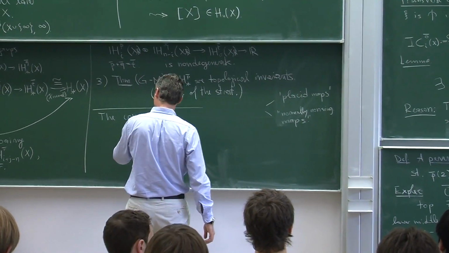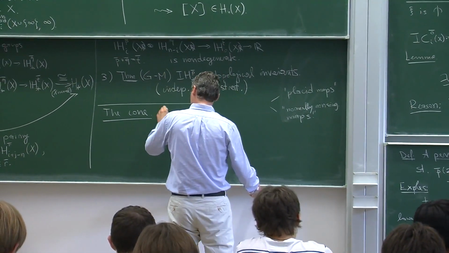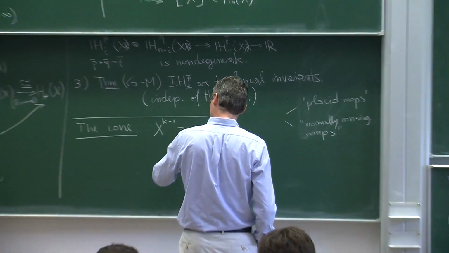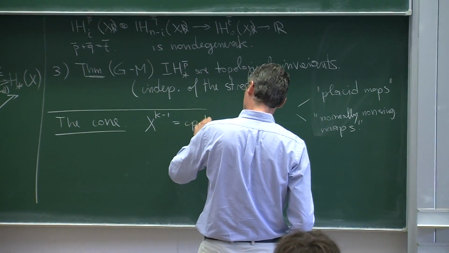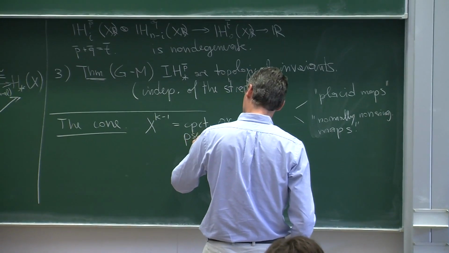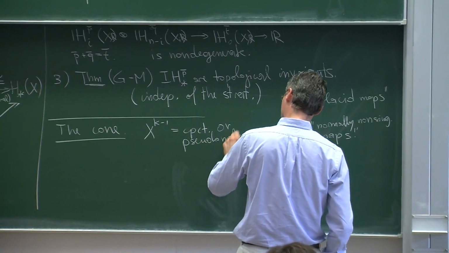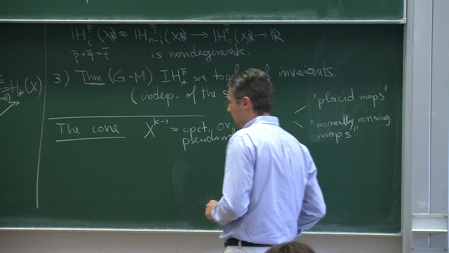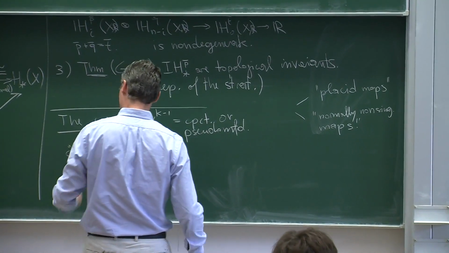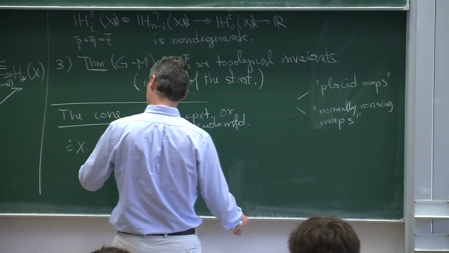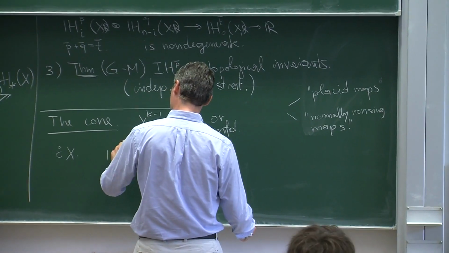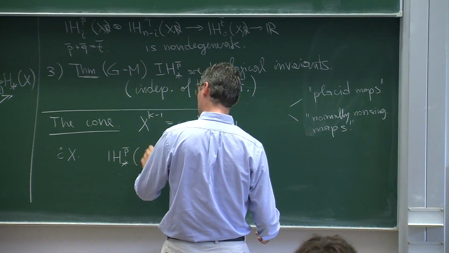So let's talk about the cone to some extent. So let X^{k-1} be a compact oriented pseudomanifold, PL of course. And I want to consider the cone on X, and I would like to understand what is the intersection homology for perversity P of that open cone.